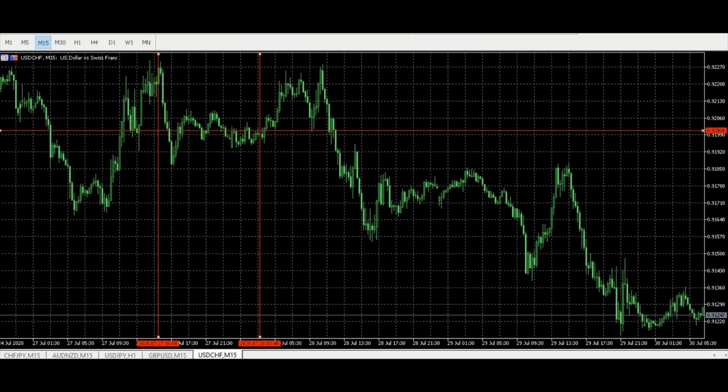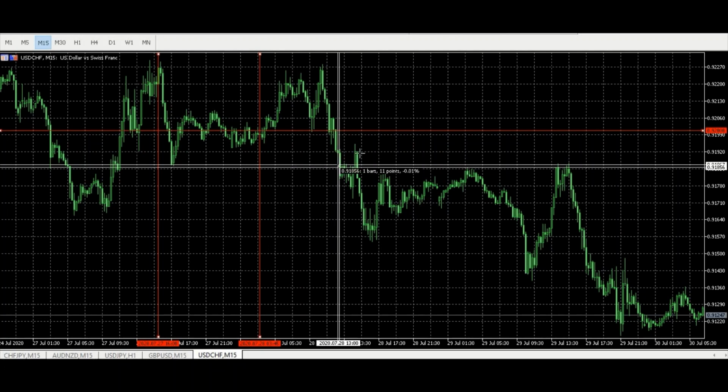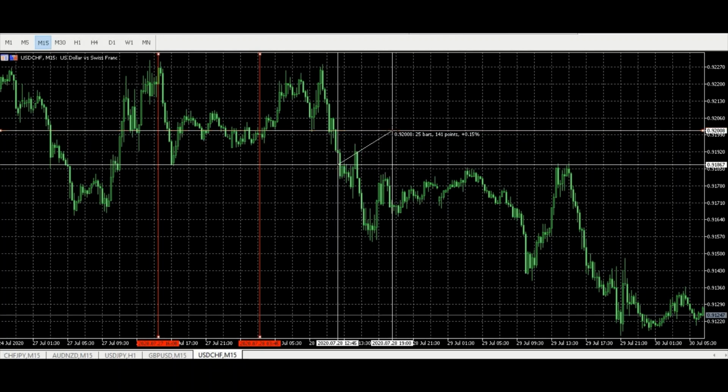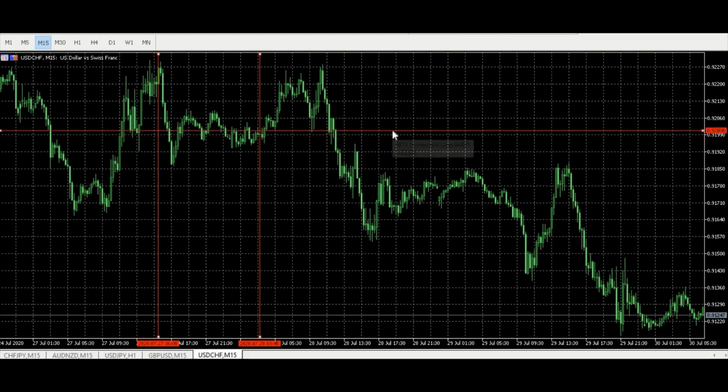As you see, at first we have about 150, let's say approximately 150 stop loss, and this is my entry point. So if I get stopped out, I will get it without any losses, and actually I did get it without any losses.